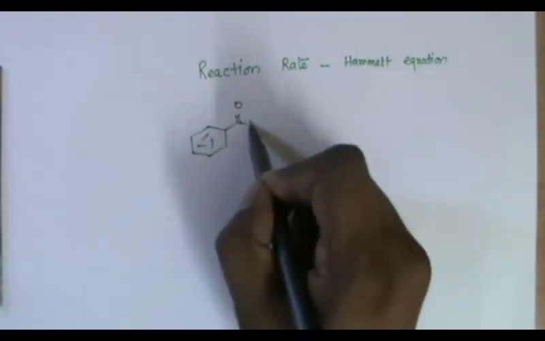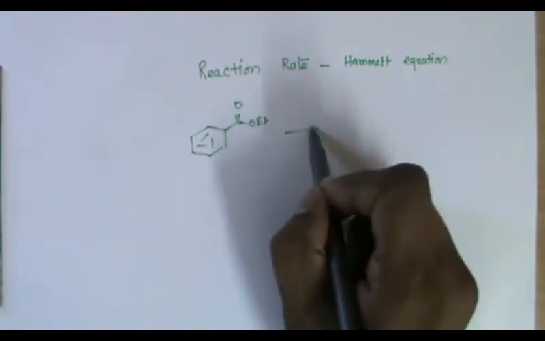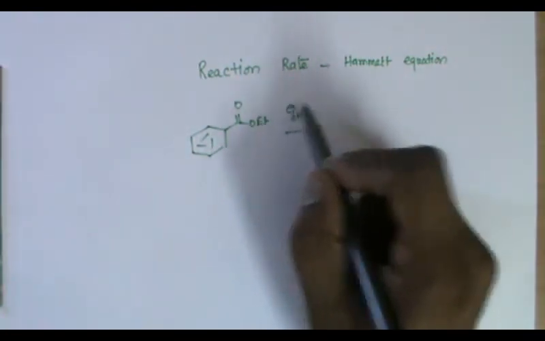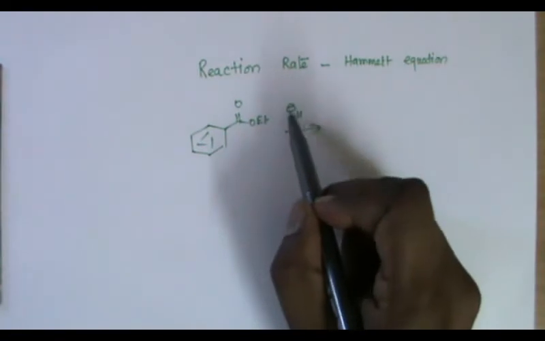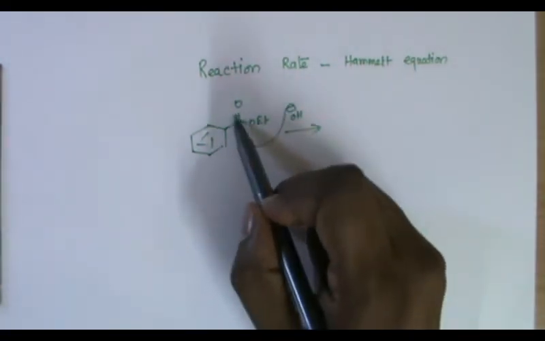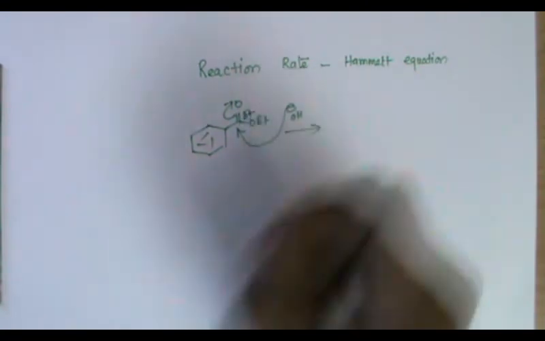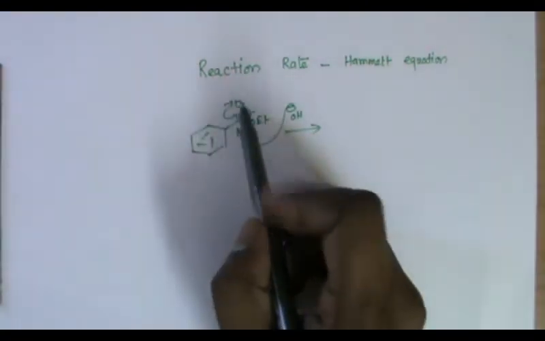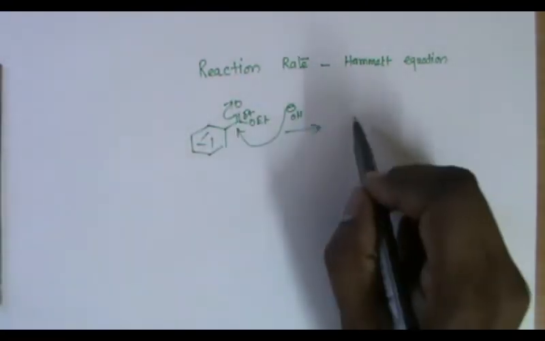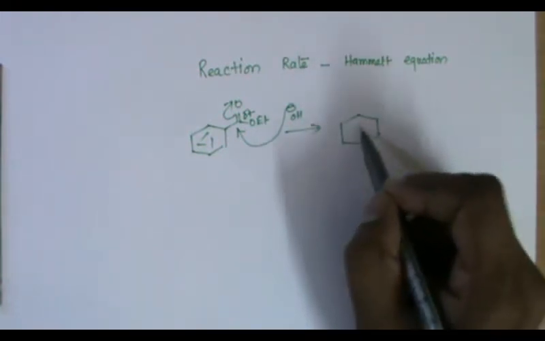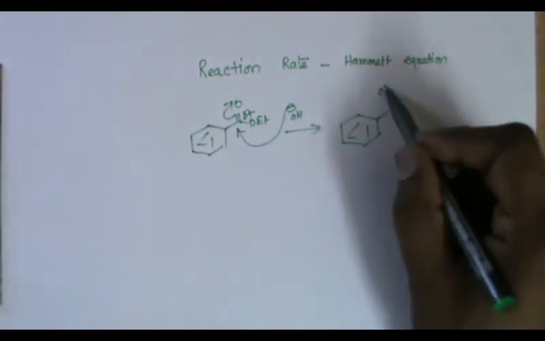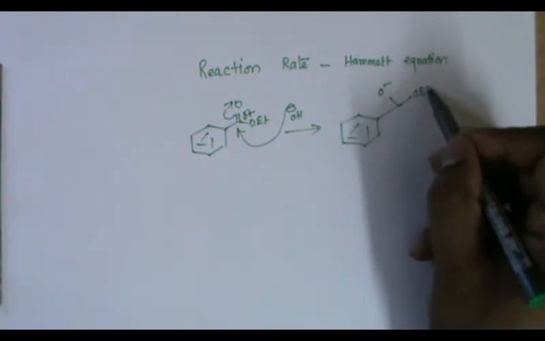Consider the base catalyzed hydrolysis of ester. The base attacks this carbon since it has del plus. Because of the oxygen atom, there is del plus on this carbon. So what we get is O minus, OEt, already it is there.